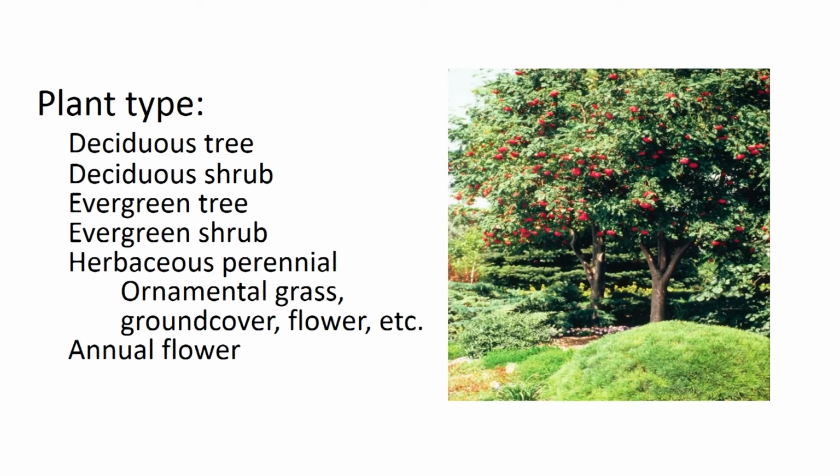The first element of design, plant type, is pretty obvious. What type of plant is it? This could be a deciduous tree, deciduous shrub, evergreen tree or shrub, herbaceous perennial such as an ornamental grass, etc. As we choose plants, we should pay attention to this because we want to be sure that we have some variety in the types of plants that are there. Believe it or not, our brain will subconsciously notice if everything is the same type of plant.